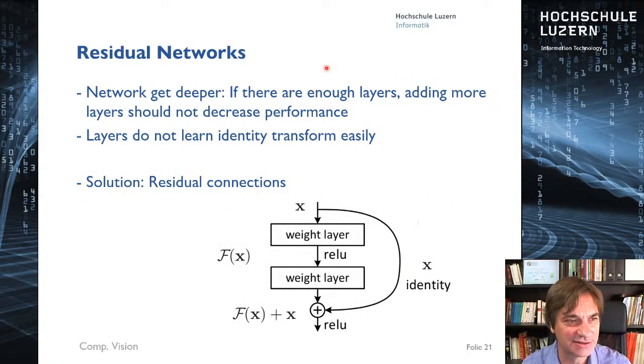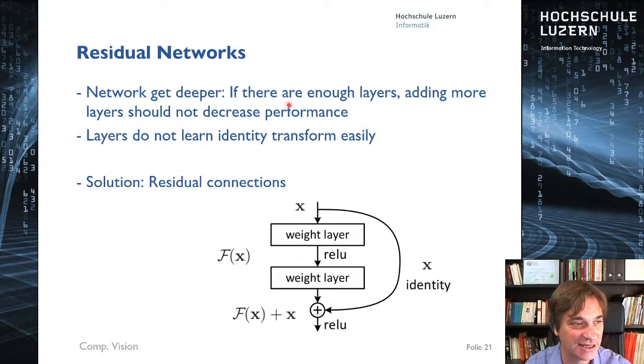So the idea was, if I already have enough layers for the network to perform the task, if I add more layers, it shouldn't get worse, it should at least remain the same, or maybe even get better if those layers can actually be put to some use. But it should certainly not decrease the performance. But this is actually what happened. And why did this happen?